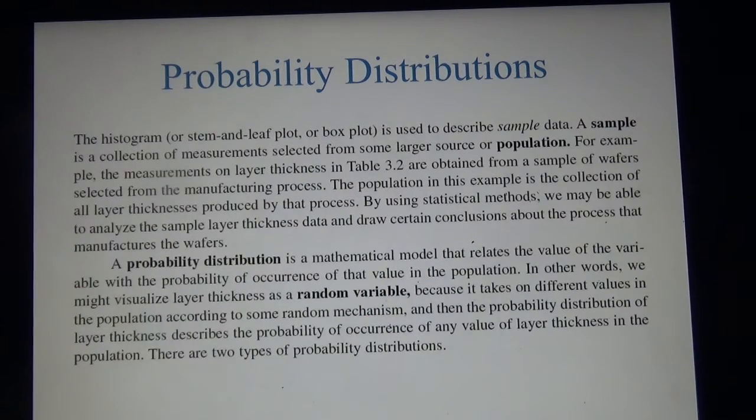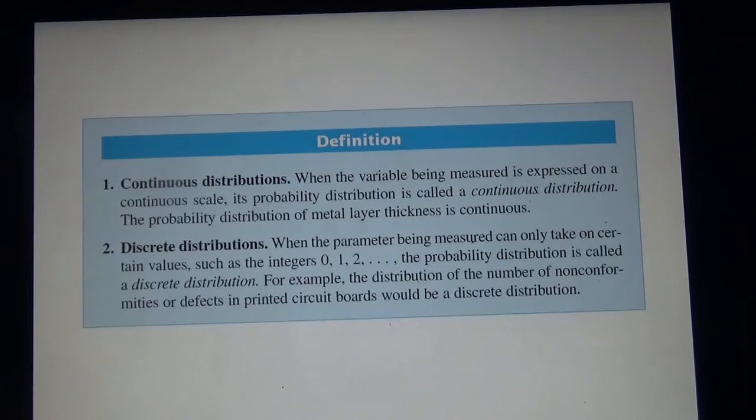Then we deal with probability distributions, how the data is distributed. We would like to match the data with a distribution so that we can use it to forecast the coming data, the coming production maybe.